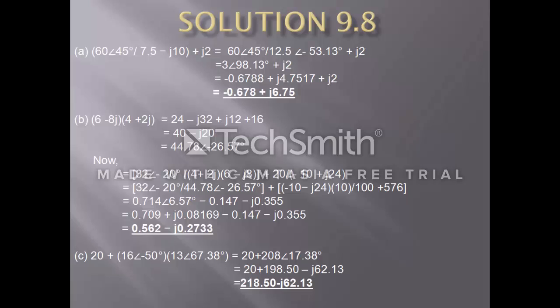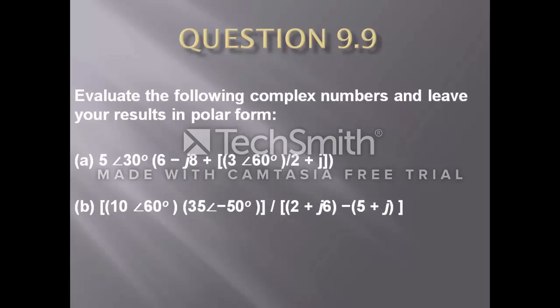Changing this into the rectangular form, we get 20 plus 198.50 minus 62.13j, and adding the 2, we get 218.50 minus 62.13j. This is the answer for all the three parts. Moving on to the next question, question 9.9.